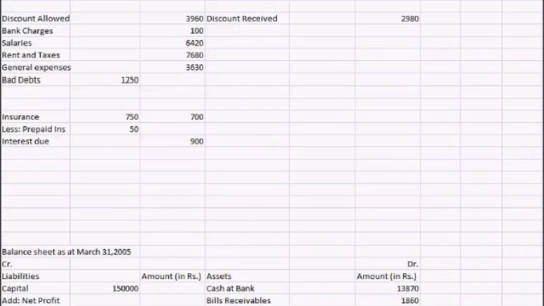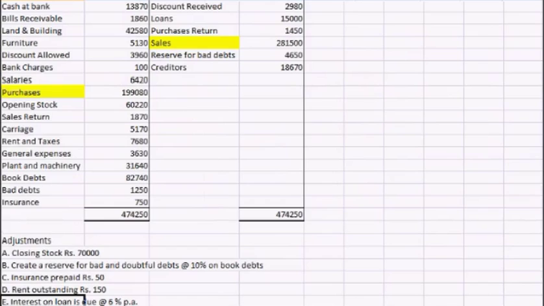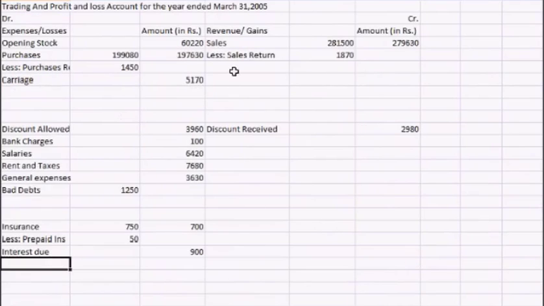Okay, so we have incorporated interest due, and what we have here left is closing stock. So we need to incorporate the closing stock. We can just add the closing stock in this.